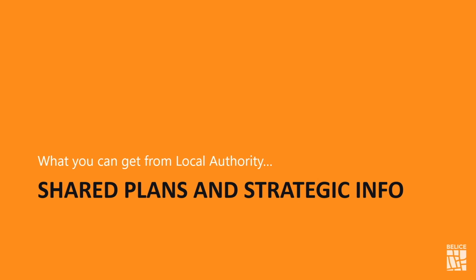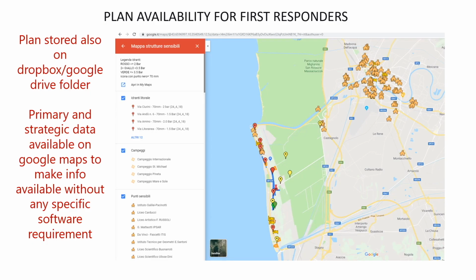So we think that part of the plan, the most important information, the primary and the strategic info, should be put into a shared map or a shared repository, easily accessible by the rescuer, so that the most strategic info of the plan can be immediately evaluated, to let them get an overview of the area, knowing the most important information.